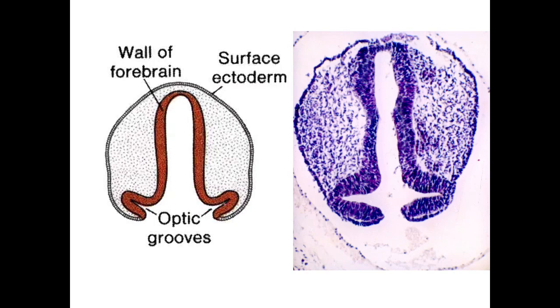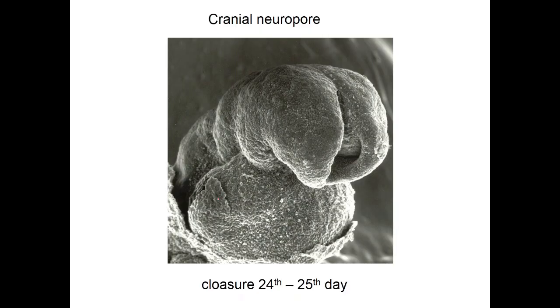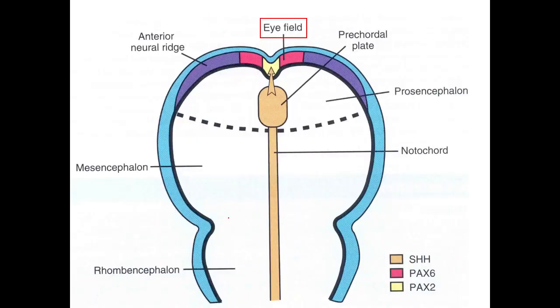So we created optic outpouchings like this from the forebrain, which are lined with neuroectoderm. We still don't have the closure of the cranial neuropore, but on the 24th to 25th day, there is a closure of the cranial neuropore, so it will close eventually.